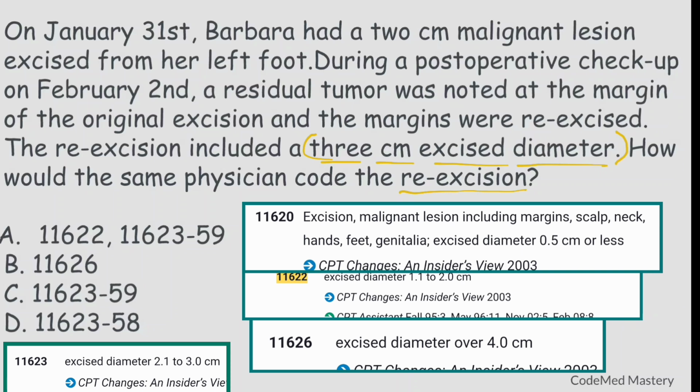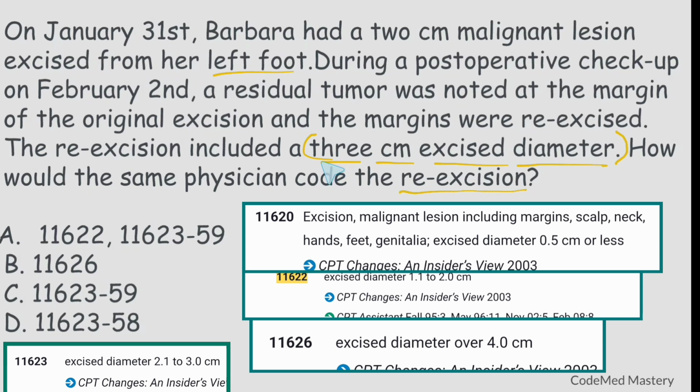If you choose 11623, then you're right, because that is for excision, malignant lesion including margin, scalp, neck, hands, feet, genitalia. In the scenario, the anatomical location is left foot. So the anatomical location is correct and the size is 2.1 to 3 cm.